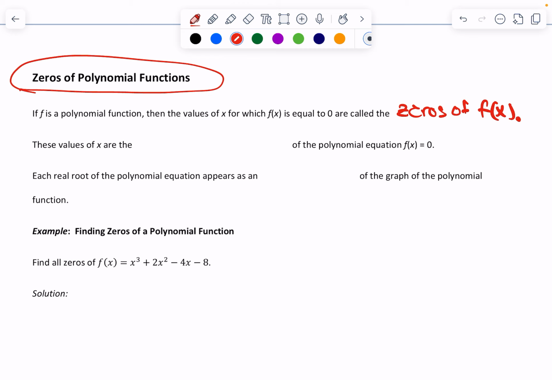These values of x are the roots or the solutions of the polynomial function f of x equals 0. Each real root of the polynomial equation appears as an x-intercept of the graph of the polynomial function.